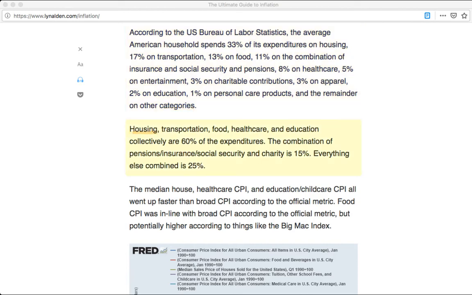Housing, transportation, food, healthcare, and education collectively are 60% of the expenditures. The combination of pensions, insurance, Social Security, and charity is 15%. Everything else combined is 25%.